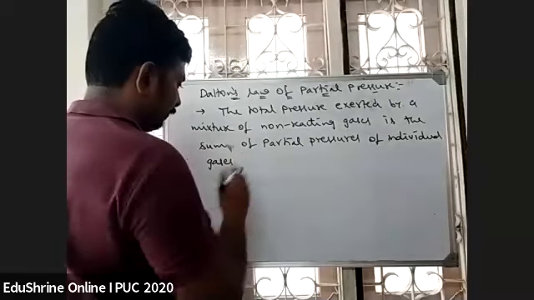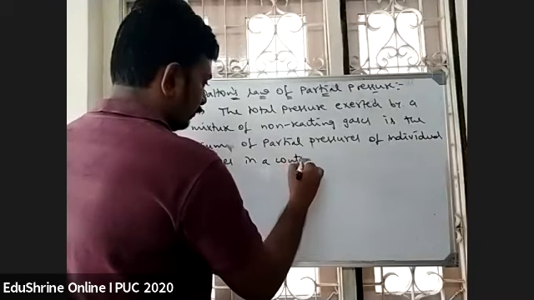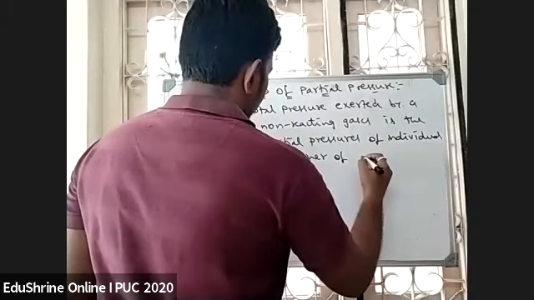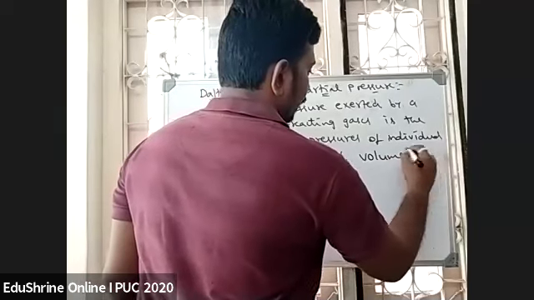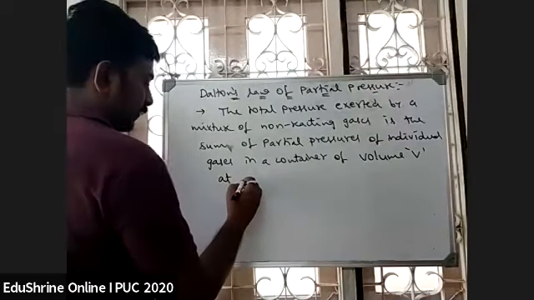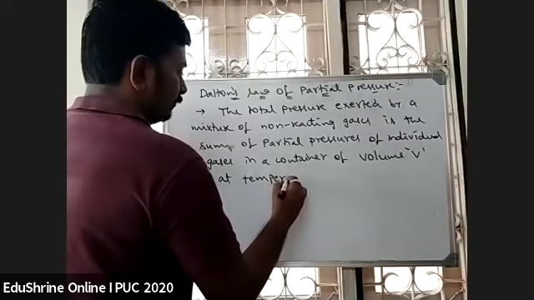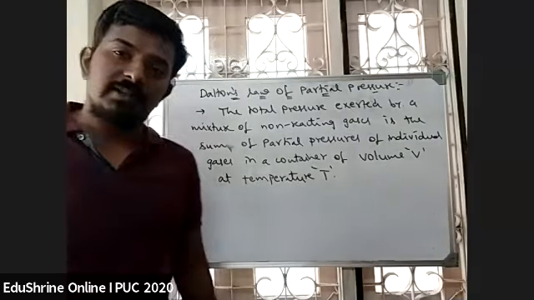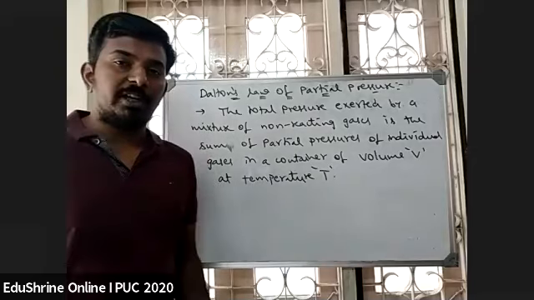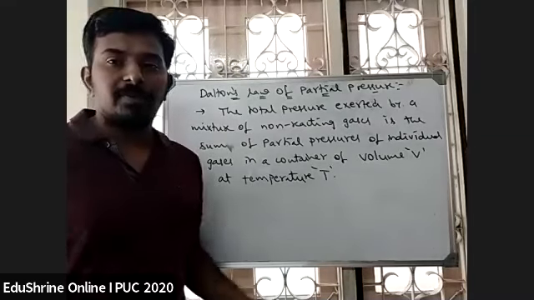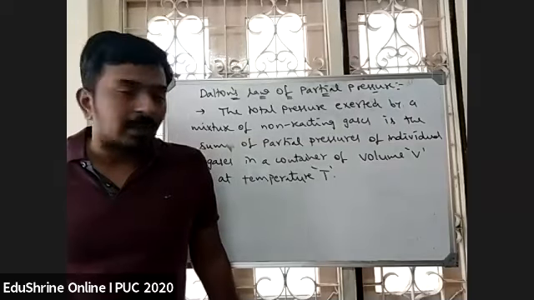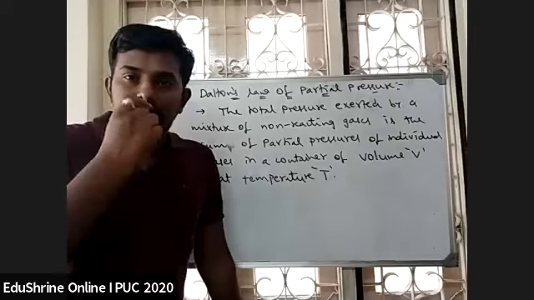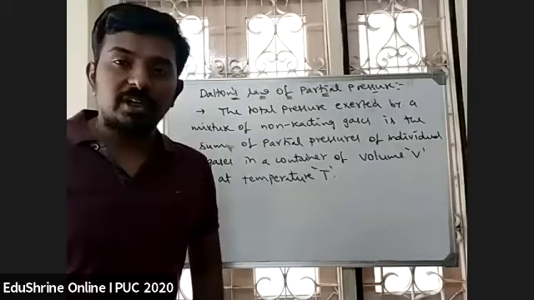The total pressure exerted by a mixture of non-reacting gases is the sum of partial pressures of individual gases in a container of volume V at temperature T. This is known as Dalton's law.